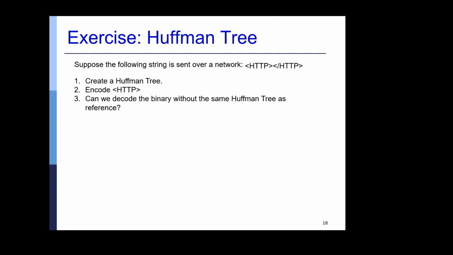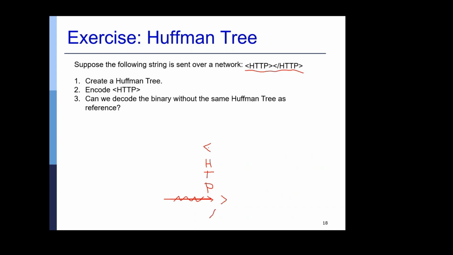Okay, when you are free, you can try to work out this example. So the text that we are using here is HTTP, right? So what are the characters here? We have character less than, character uppercase H, character T, character P, character greater than, character slash.